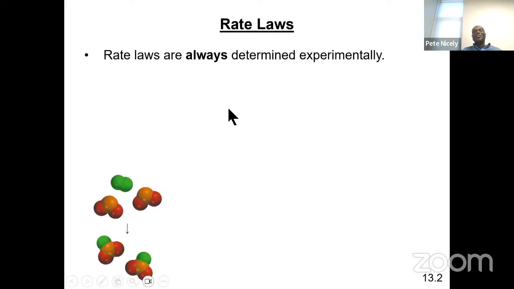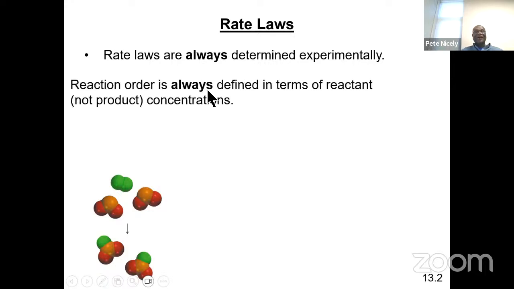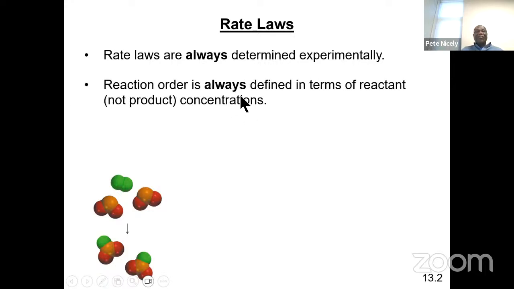There's no other way to determine it. You cannot just look at the equation and tell what the rate law is, all right? The reaction order is always defined in terms of reactant and not product concentrations, right? And that's because the rate law is basically a function of the concentration of reactants and not the products, all right?